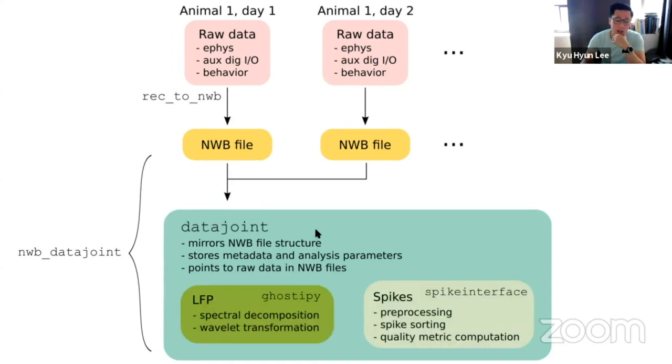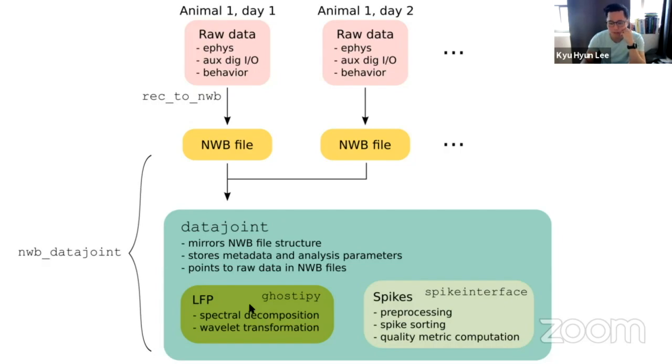And because we work in Python, so we use the Python version of DataJoint and PyNWB as well, we also have access to other analysis tools. For example, for doing LFP analysis, we use a package called Ghostipy, developed by Joshua Chu, which efficiently does things like spectral decomposition and wavelet transformation.